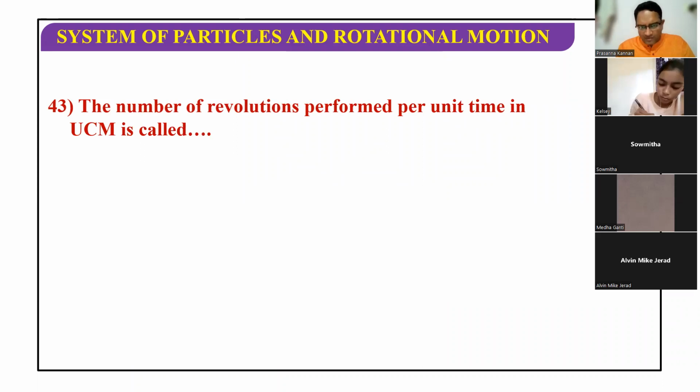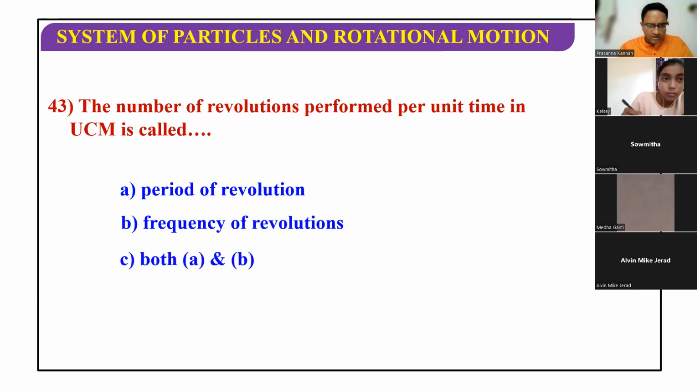The number of revolutions performed per unit time in uniform circular motion is called.